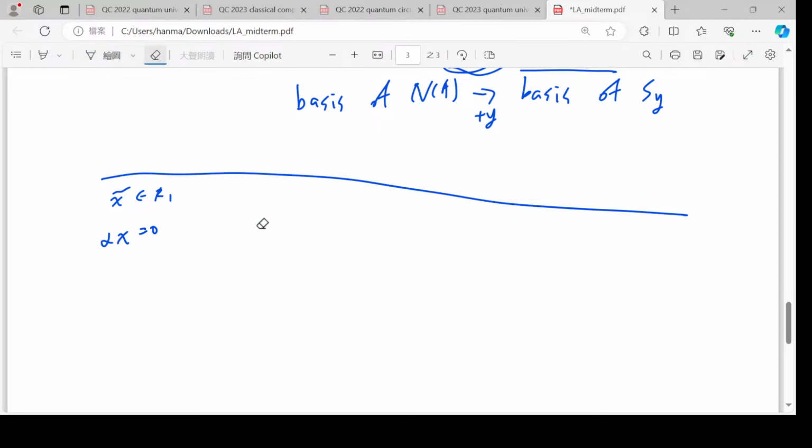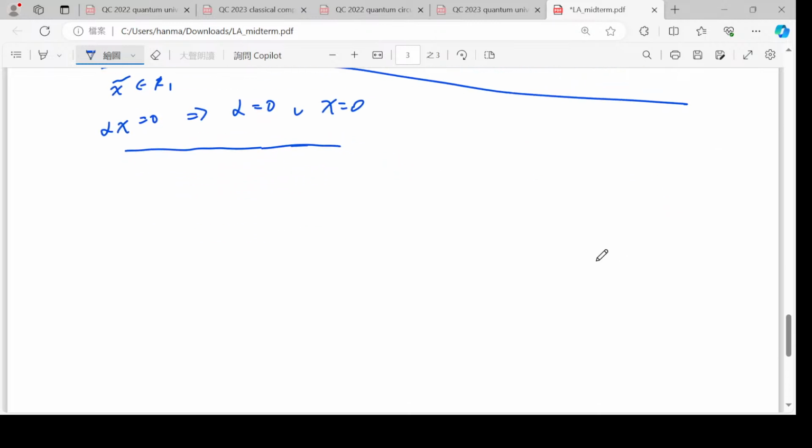If two numbers multiplied together give 0, then either alpha equals 0 or x equals 0. So this is a generalization of this to many dimensions. Not a very good way to do this is that some people say x is in Rn, which is too restrictive, but it can serve as an example.